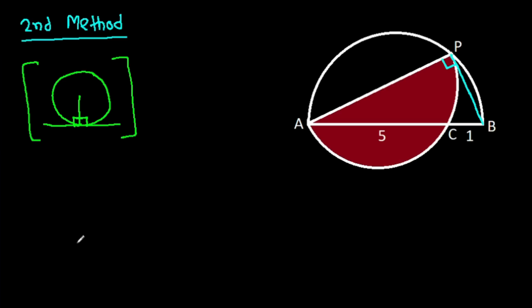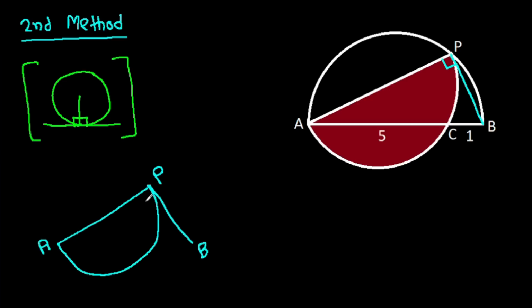So we have a semicircle. This point is A, this point is P, and PB is perpendicular to AP. That means PB will be a tangent.